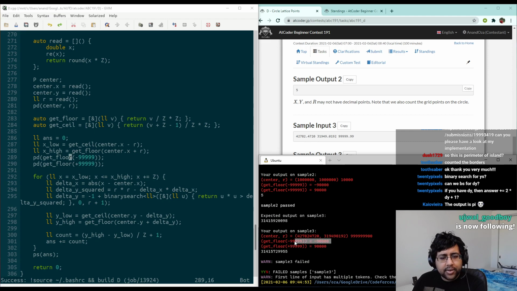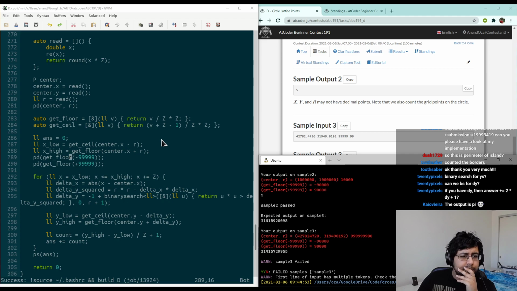Oh, okay, so get floor is wrong here. So get floor appears to be rounding. Wait, I'm actually a bit confused now. Wait, does C++ division round towards 0 for negative numbers? I always thought it rounded down.